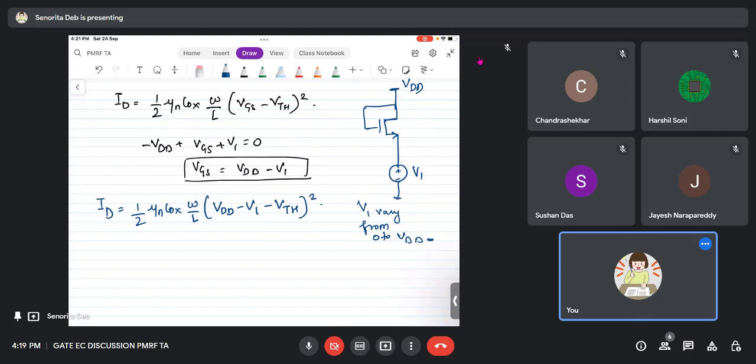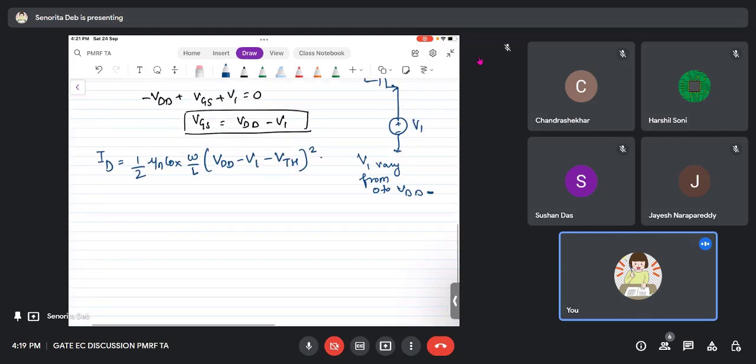Now, when will ID be 0? ID will be 0 when VDD minus V1 is equal to VTH.